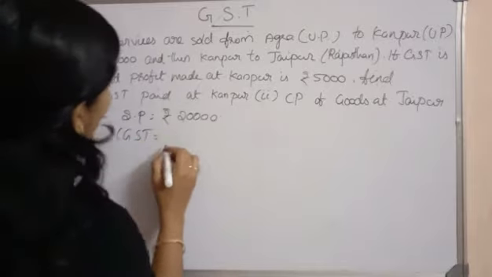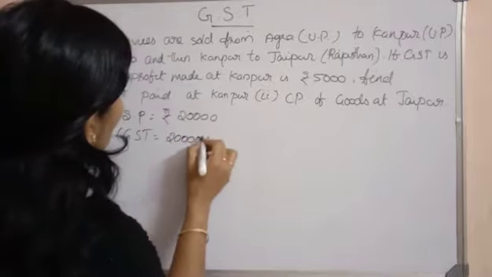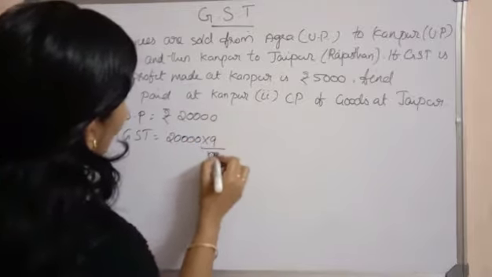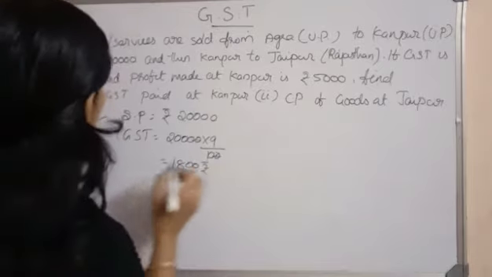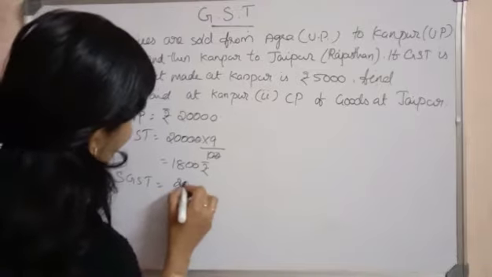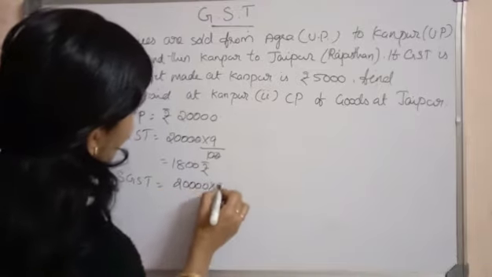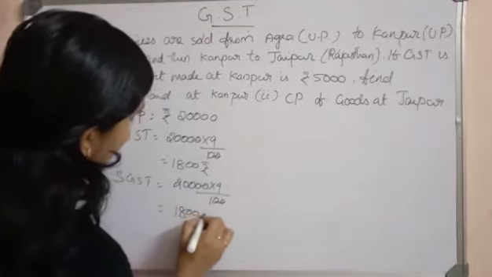CGST is 9% of 20,000 and that's equal to 1,800 rupees, and SGST is equal to again 9% of 20,000, 9 by 100, and that's also 1,800 rupees.